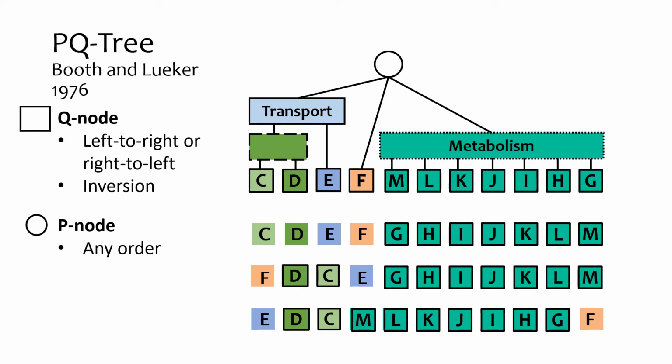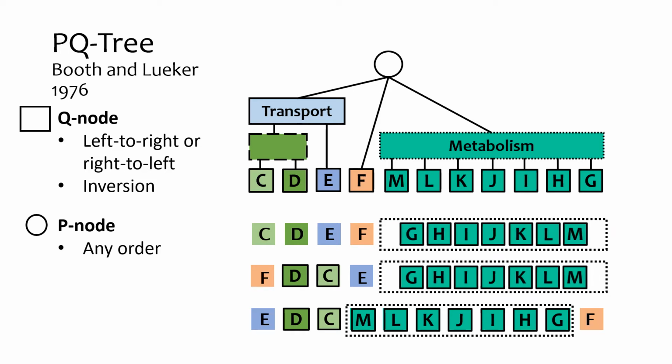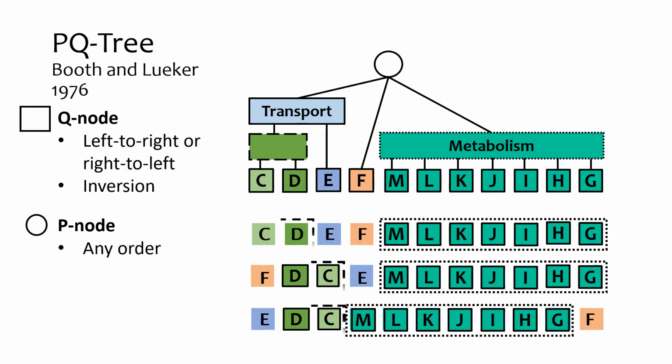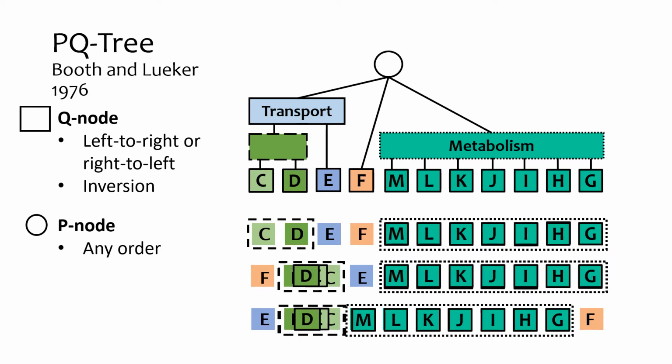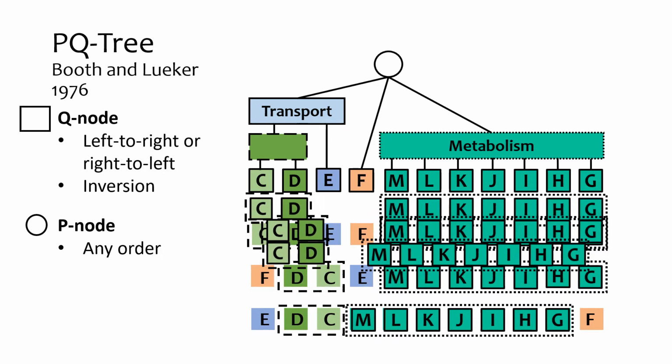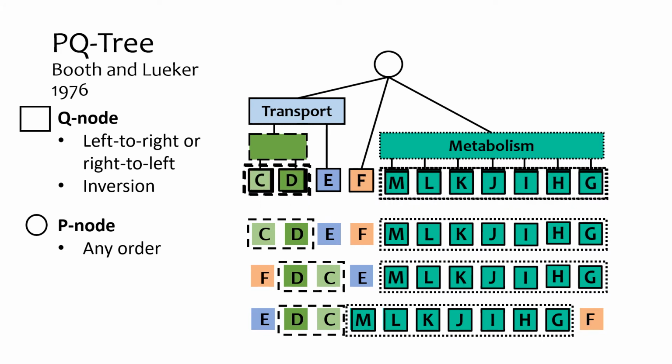The conserved gene order could be related to the order in which the corresponding proteins interact in a metabolic pathway. Conserving the order means the suboperons can appear from left to right or right to left, so it is represented by a Q node. This is the case here. The genes G to M were merged to a Q node, and so did the genes C to D.